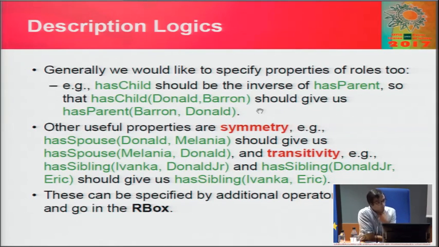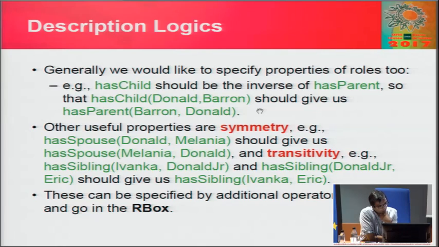There are other useful properties that we would like to specify of roles. For example, if we have the assertion that Donald has spouse Melania, then we want that to be symmetric, so we can also derive the fact that Melania has spouse Donald. We would also like to have the property of transitivity.